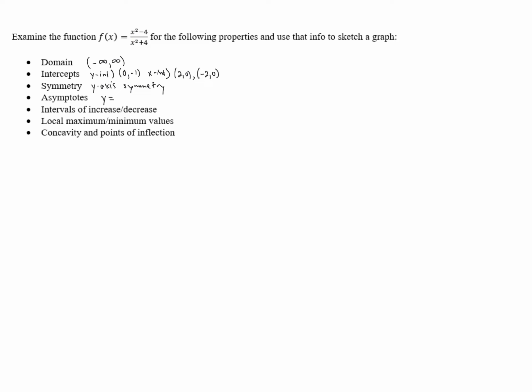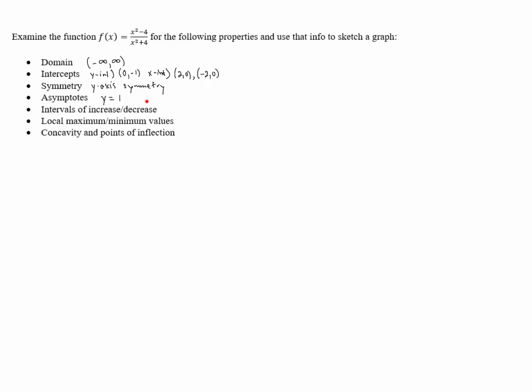In this case, that's 1 over 1, which equals 1. An alternative way to see that is if you plug in larger and larger values of x, the function values are going to be getting closer and closer to 1. Same thing if we go in the negative direction. All right, so we've got a horizontal asymptote.